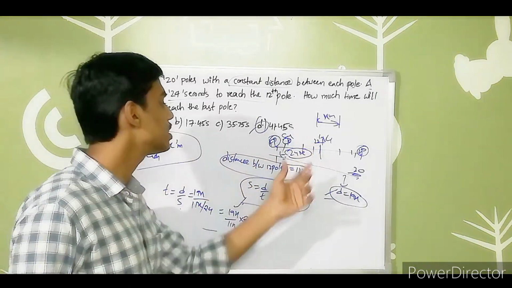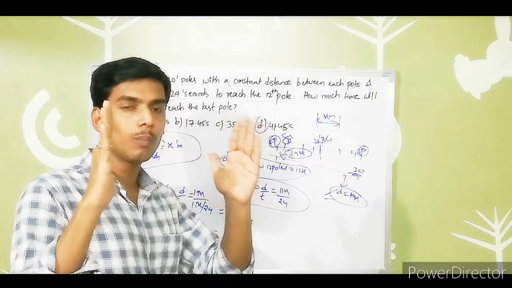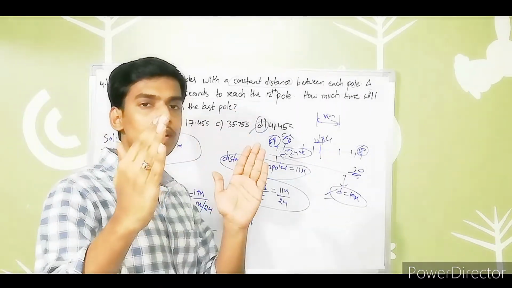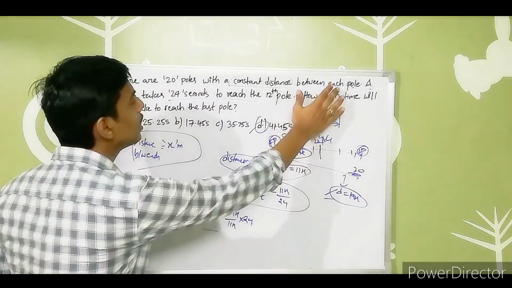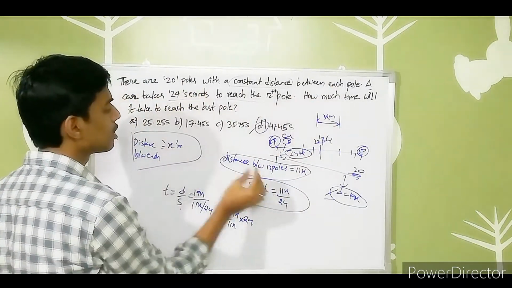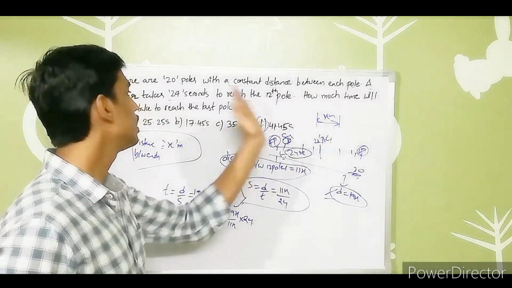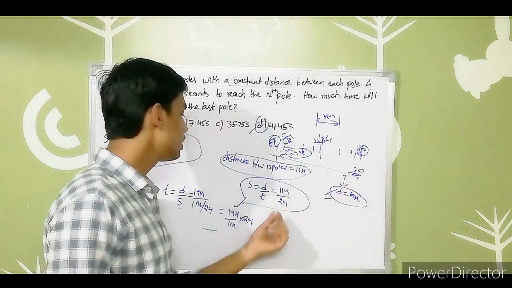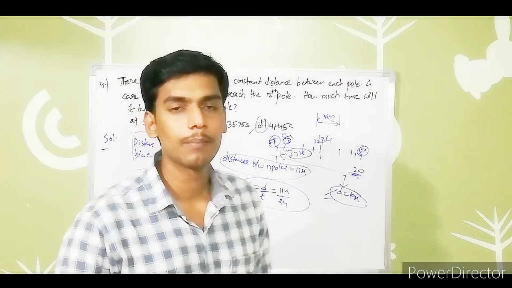So the distance for 12 poles is 11x meters. Also they mentioned the time for reaching the 12th pole as 24 seconds, so I divided and got the speed. But they asked to find the time for the last pole, so we find the distance and divide it by the speed to get it. So that's it guys.